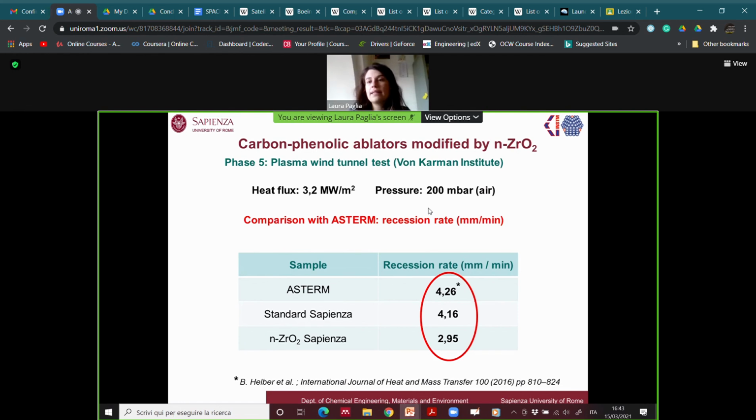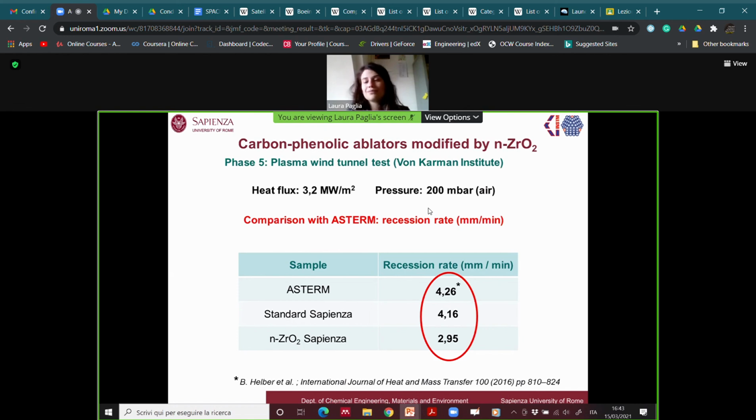And this is only a comparison of different kinds of material with our material. Okay, so after is this ablative material designed and manufactured by Airbus. And these are the performance of our material in quite the same condition.